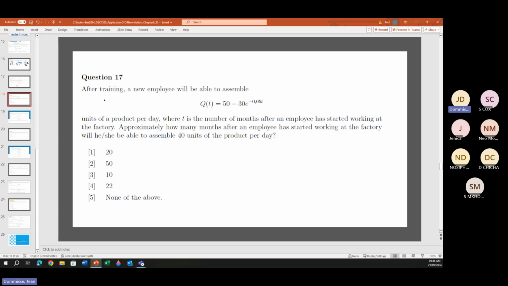After training, a new employee will be able to assemble, according to this formula, units of a product per day, where T is the number of months after an employee has started working at the factory. Approximately how many months after the employee has started working at the factory will she or he be able to assemble 40 units per day?